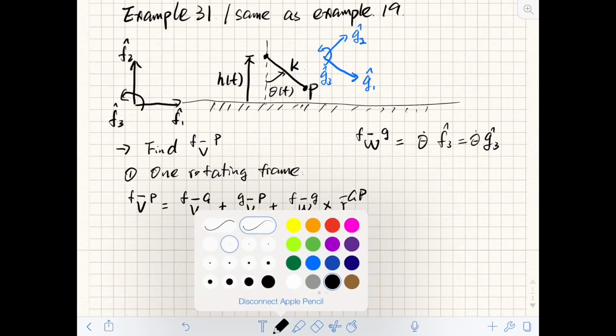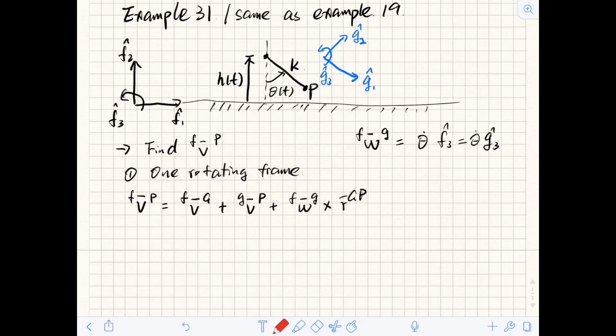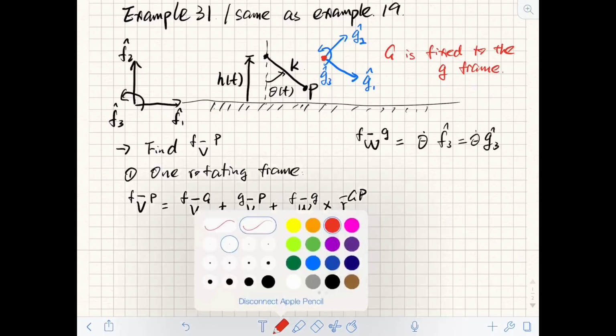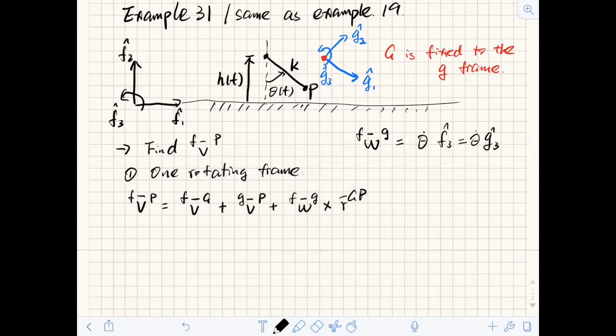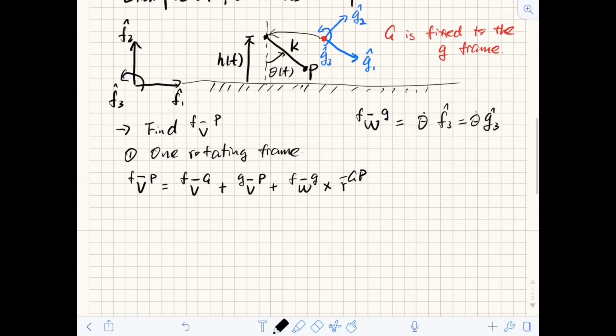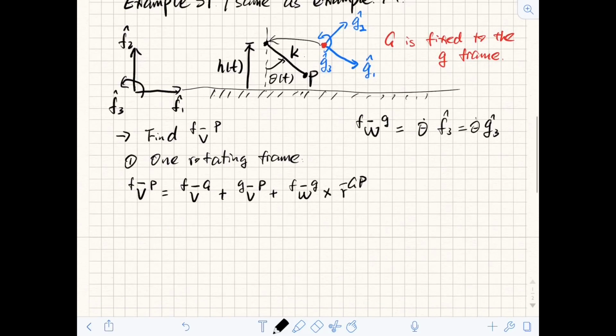We said earlier that we're defining the point G as fixed to the G frame, and it so happens that we'll align the G point to the pivot point of the bar. Now let's solve each term.